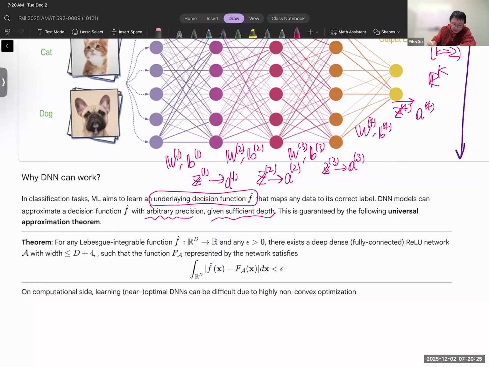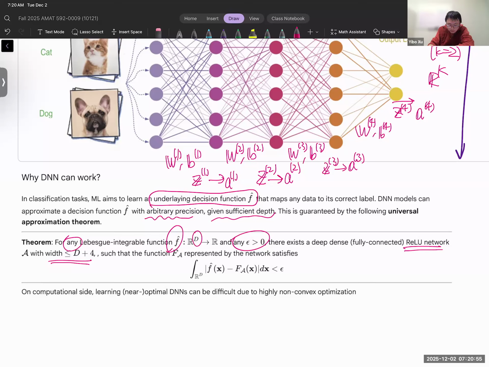So basically, it says, for any f hat and any precision epsilon, you can always find a ReLU network with ReLU activation function with width at most d plus 4. That d is the dimension of the problem.